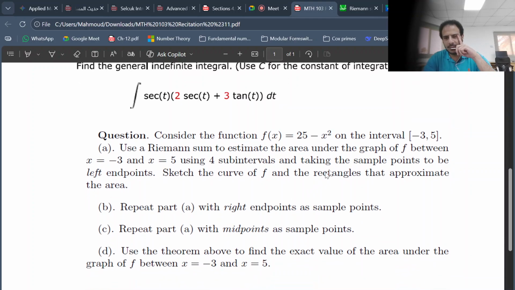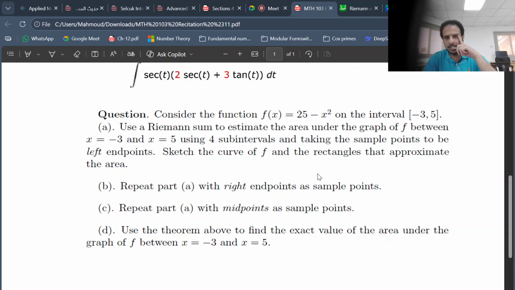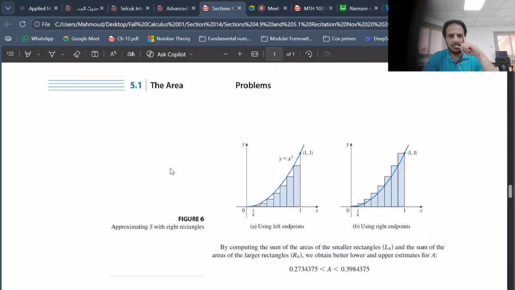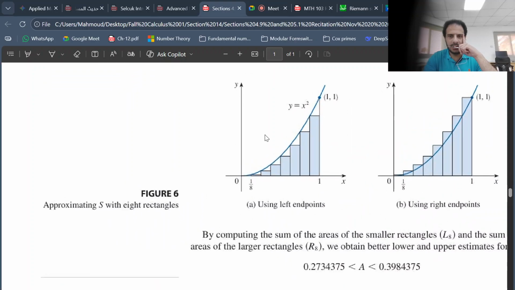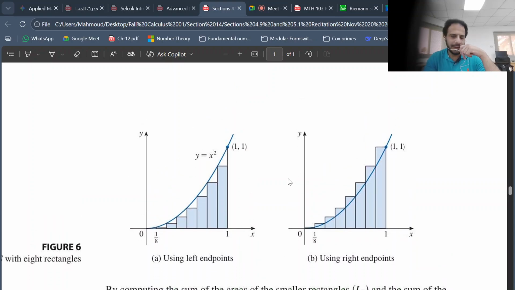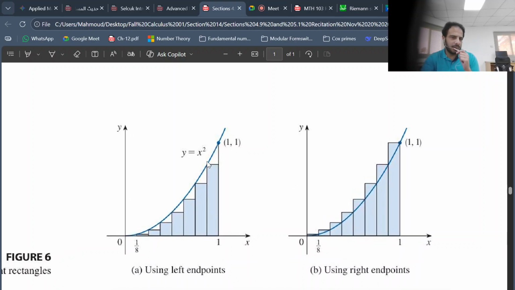But before solving this one, let's see the Riemann sum. Let's get back here. So here, the meaning of integration is area, okay? Area between the curve and the x-axis.